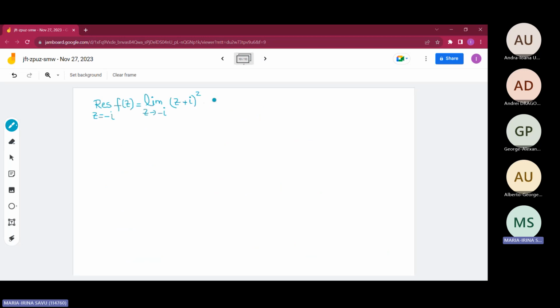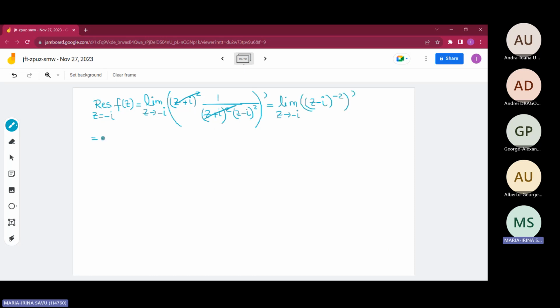So I have 1 over z minus i squared, and because the order of this pole is 2, I have to compute the first derivative of this function. I have here a simplification, and this expression could be written as z minus i at the power minus 2.